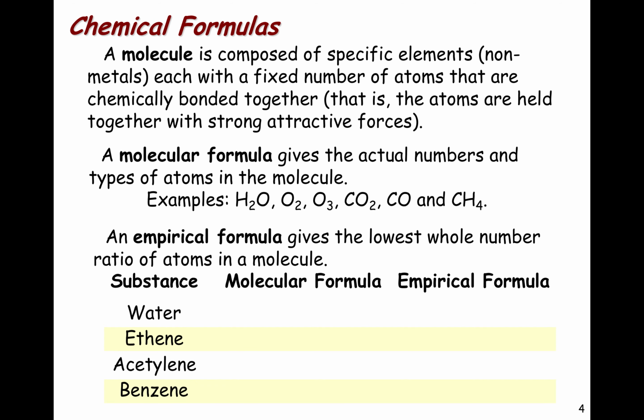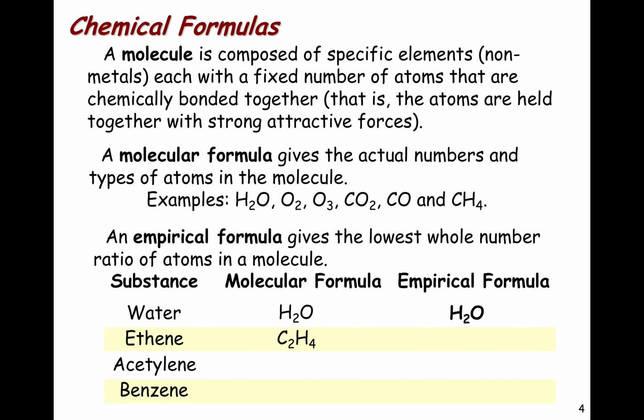So for examples, okay, we have 4 compounds here: water, ethene, acetylene, and benzene. Ethene, acetylene, and benzene are organic compounds, so the names are a little strange. But water's molecular formula is H2O, and in fact, in this case, that is also the lowest whole number ratio between the atoms, so it's also the empirical formula.